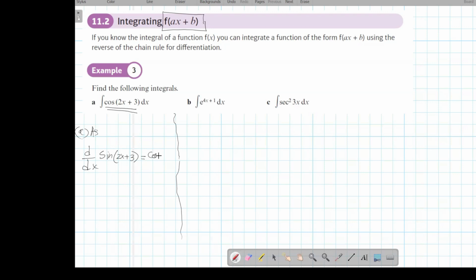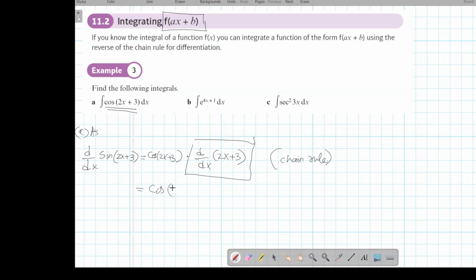It will be cosine 2x plus 3 multiplied by the derivative of the function in the argument. And this you call the chain rule of differentiation, right? You have to multiply by the derivative of the argument function.